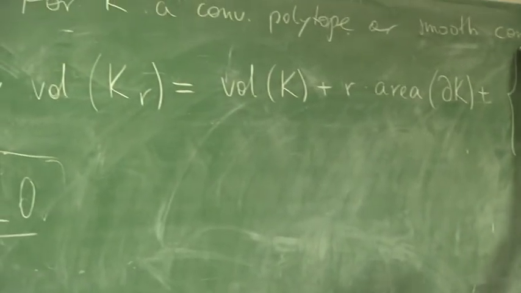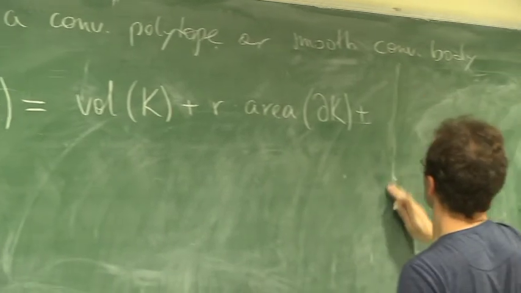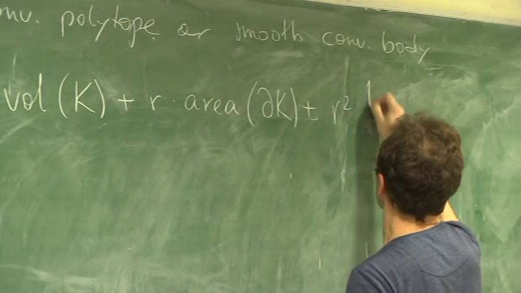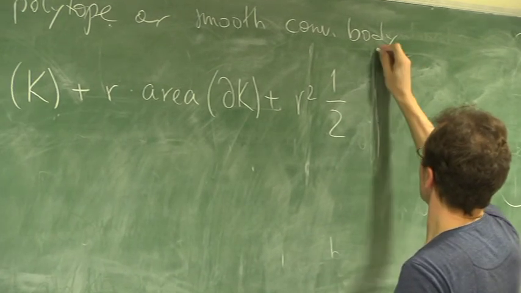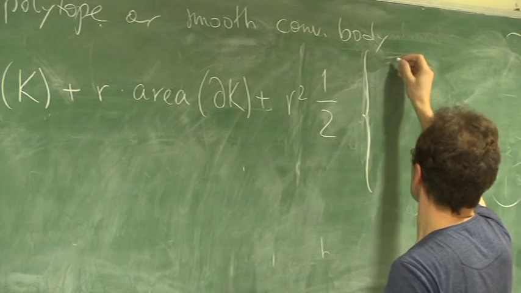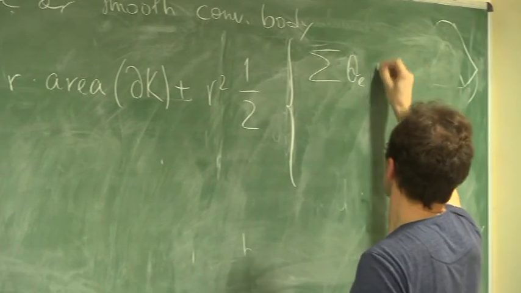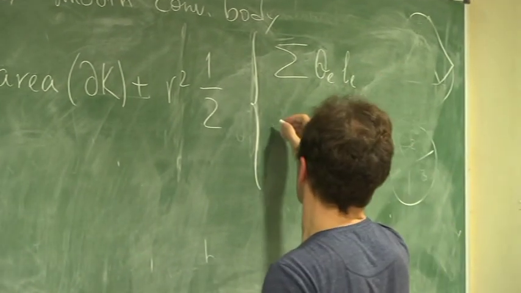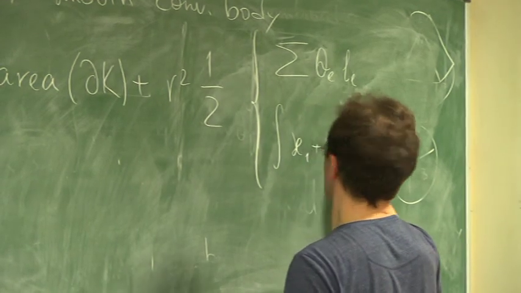R squared and 1/2 is always there. But here we have two possibilities. One is the sum of angles times length. The other is the integral of the sum of the principal curvatures.